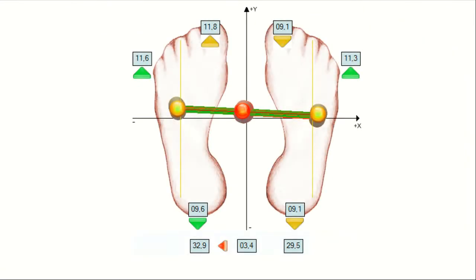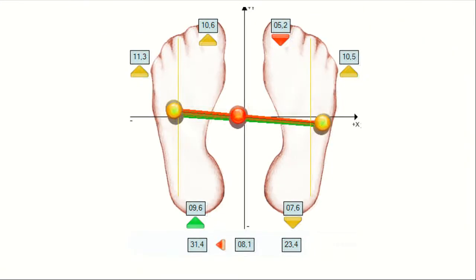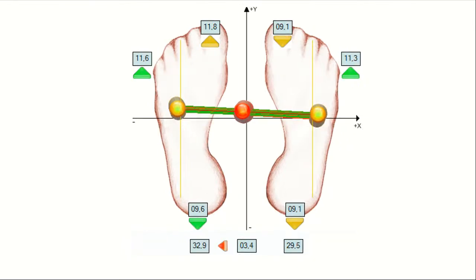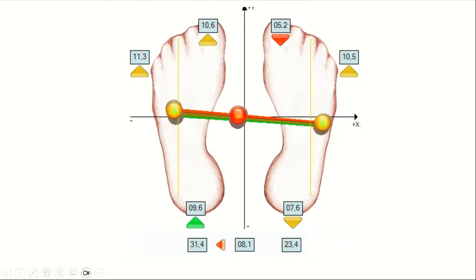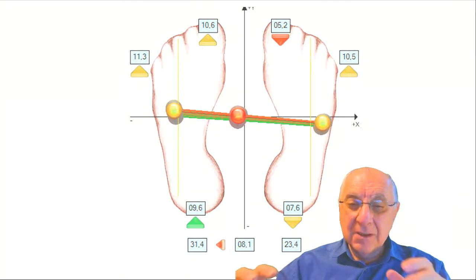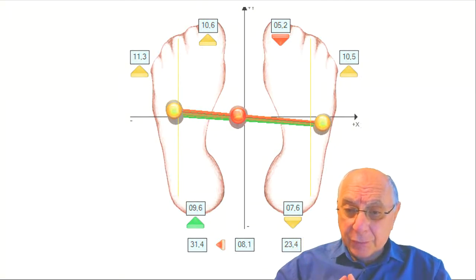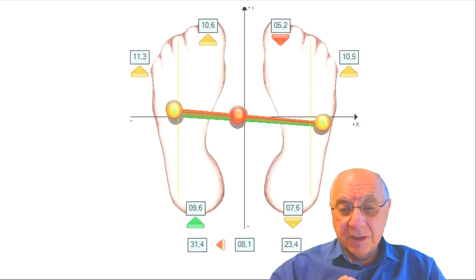And look here, the barycenter moves, going here, overloading, with the barycenter position back and left. The posturometer is a good instrument to measure. With the posturometer, we transform clinical opinion into science. It's an objective instrument.